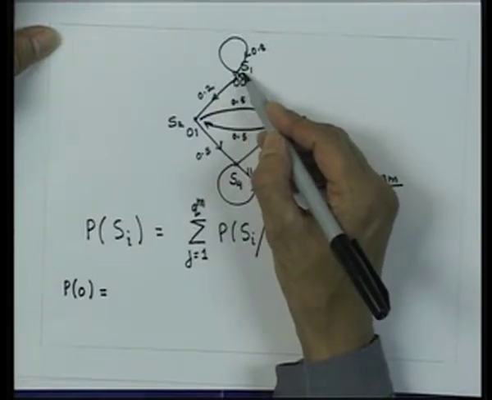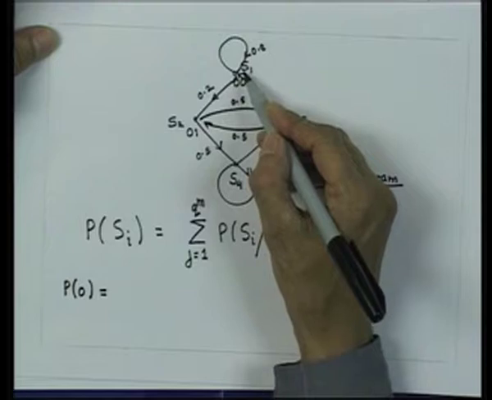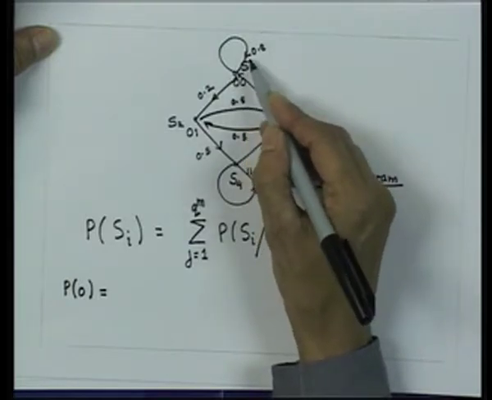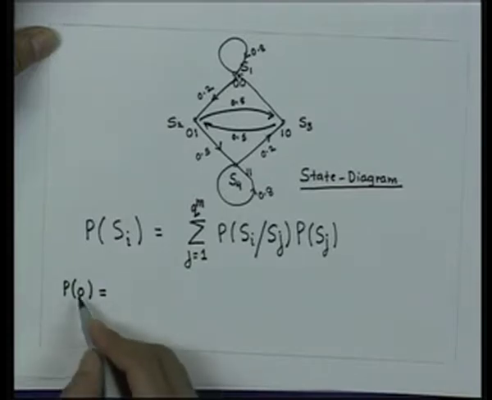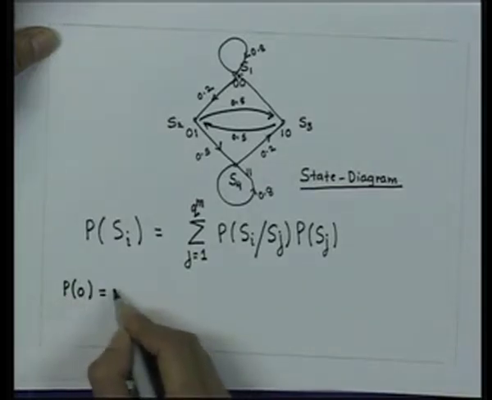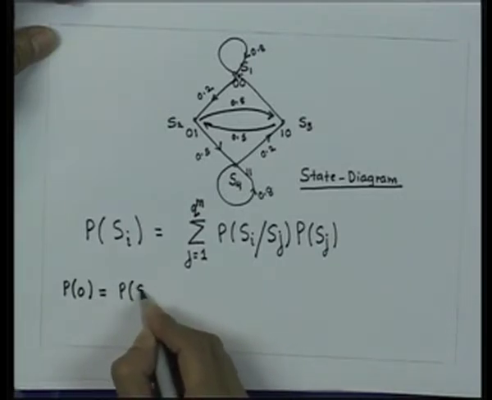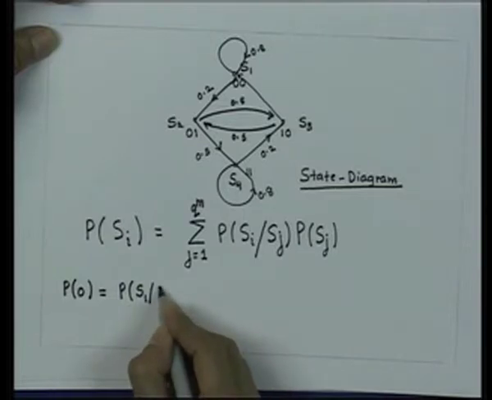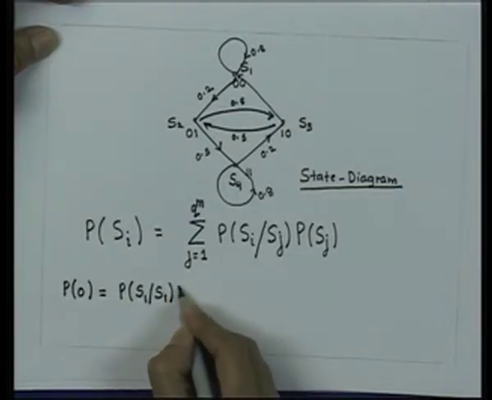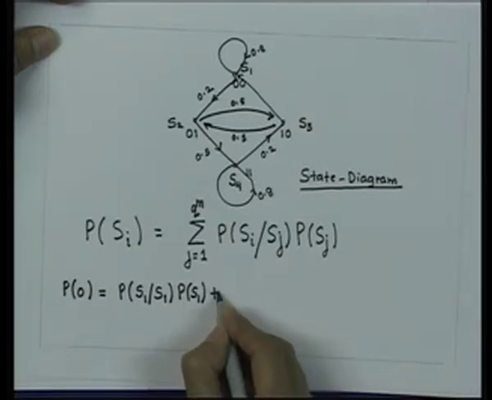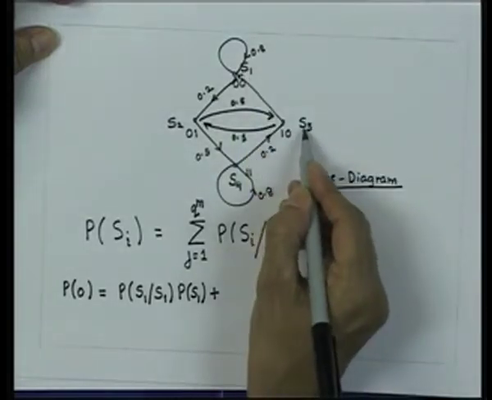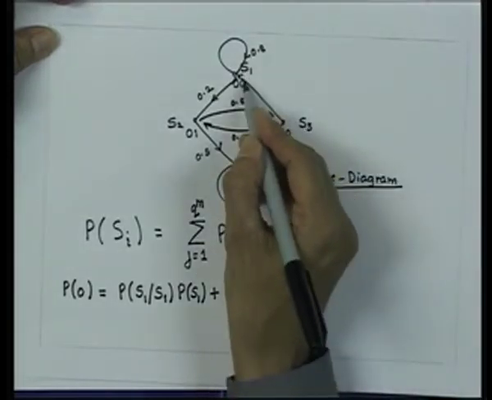And what is the probability of being in the state S1? So, if I use this kind of information, I can calculate the unconditional symbol probability of 0. So, let us write down the expression for the 0 symbol. Probability of 0 would be the probability of going to state S1 when I am in state S1, and what is the probability of the state S1. So, that is 1. Then I can come to this, if I am in state S3, then if 0 occurs, I go to S1.